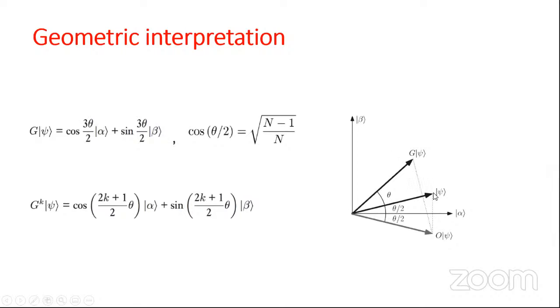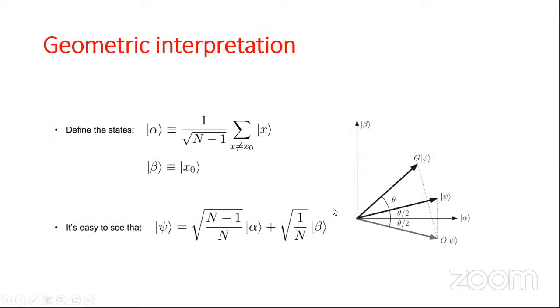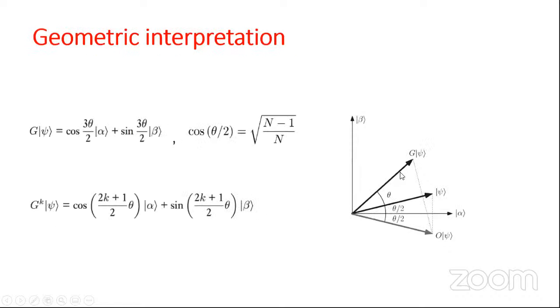We saw yesterday that we can write the original state like this, as cos theta by 2 plus sin theta by 2, where theta by 2 is the angle. After this Grover iteration, theta is increased. The vector psi was making angle theta by 2, so now it will make angle theta plus theta by 2.